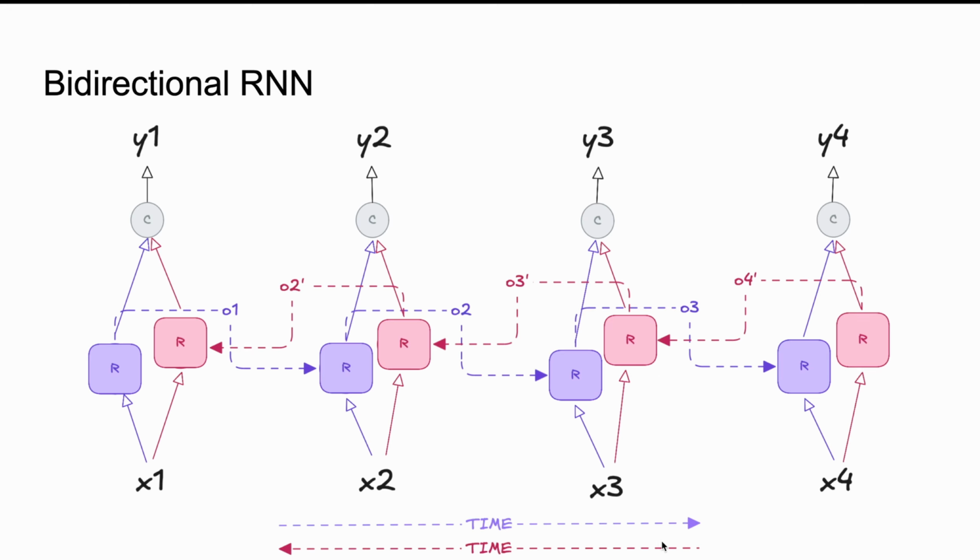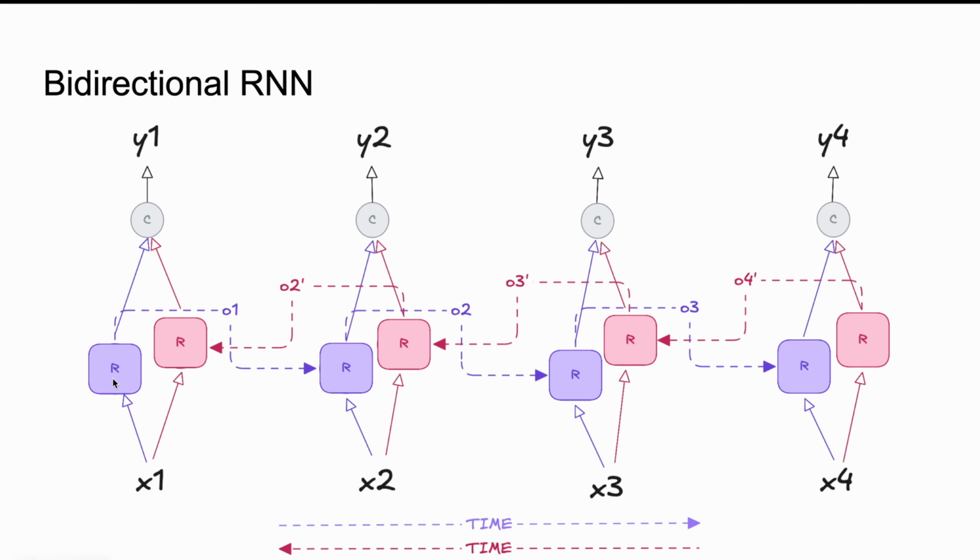So the timeline is from right to left. First we are inputting x4, then x3, then x2, and so on. So we have seen these two RNNs, the normal order RNN and the reverse order RNN, separately. Now we are combining both of them together.